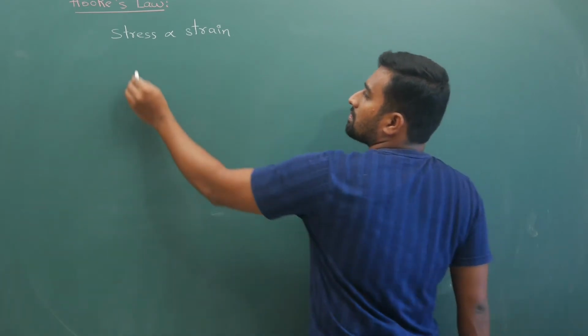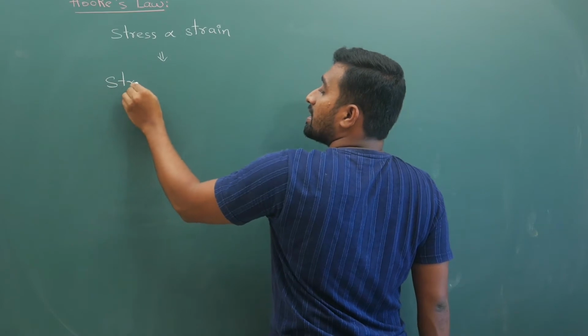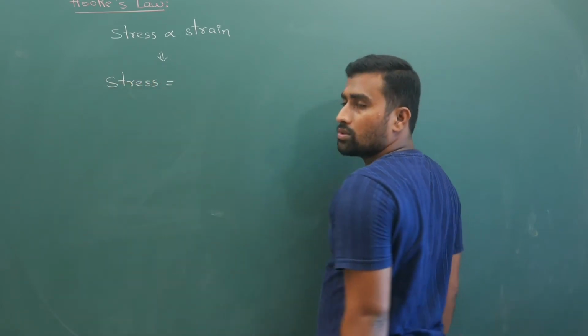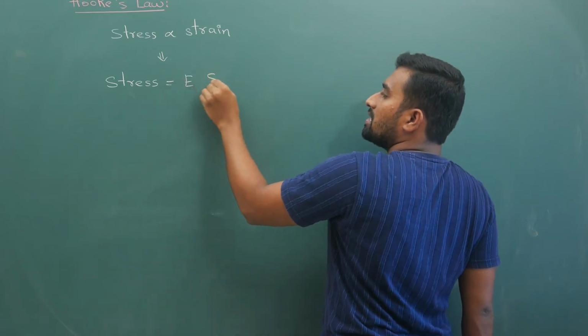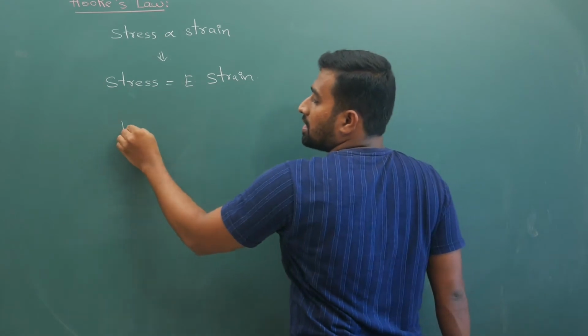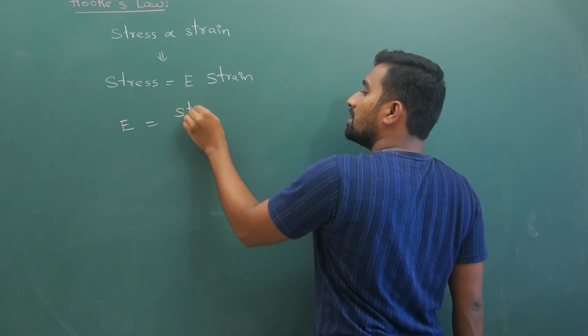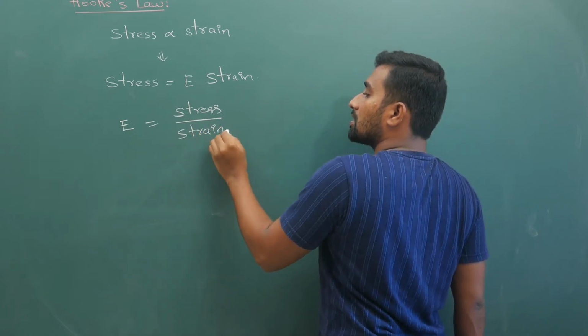Now from this expression, if I rearrange, stress is equal to E times strain. So your E is stress by strain.